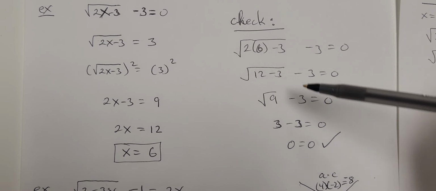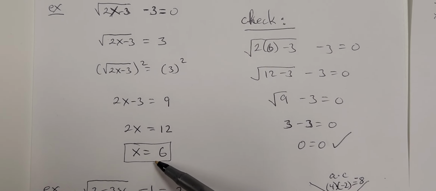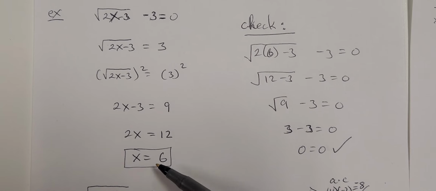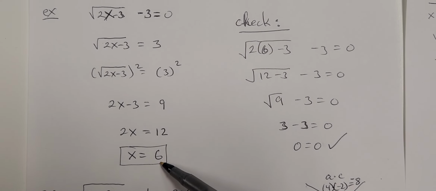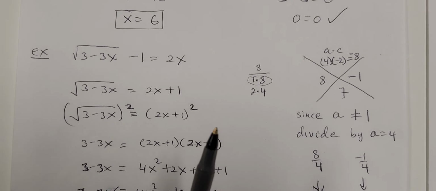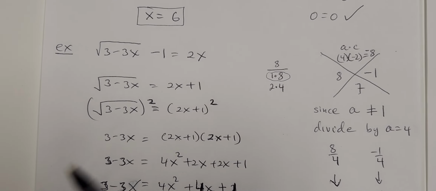If the check is false, then x equals 6 is not the answer. Even though it is an answer, it is not a true answer. Okay? Next example, a similar situation.